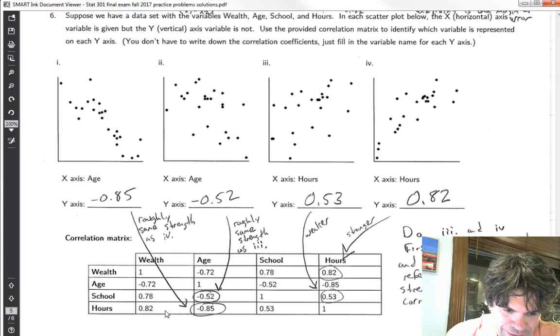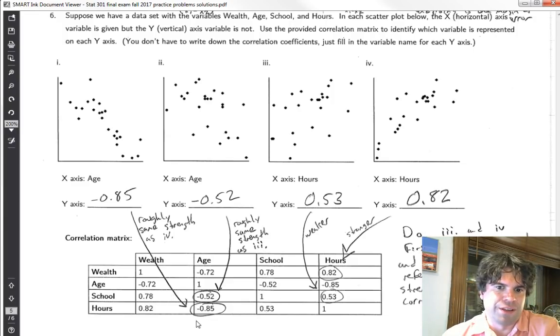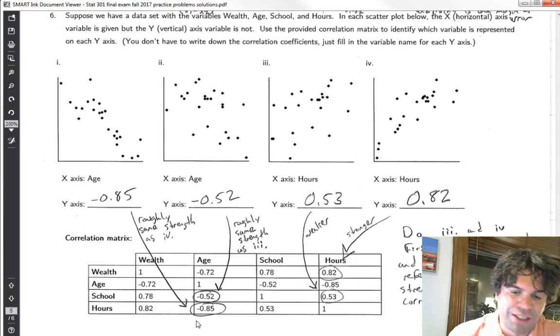Okay. So I've got my 2 positive correlations with hours, 0.82 and 0.53, and the one that looks like a stronger correlation, the one for which the data would be less spread out around the line if I were to draw the line through it, is going to be the one with the larger correlation.